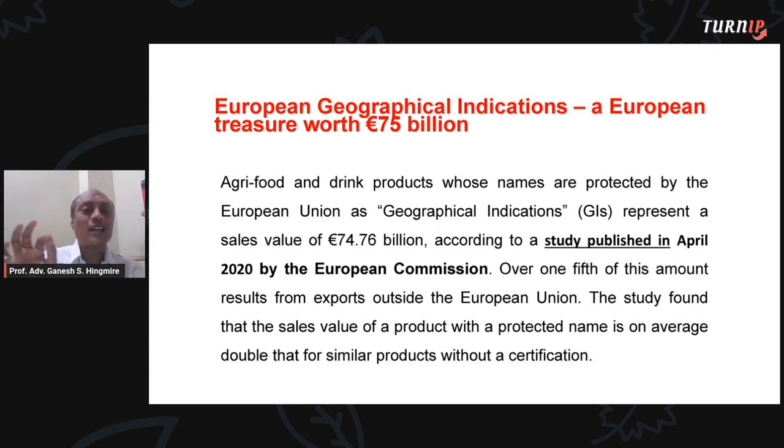And there you can see n number of examples. Some of you might have heard about Switzerland cheese. You will find more than 65% of the cheese from Switzerland which received the geographical indication is exported. So you can imagine how it works. Then there are also examples from the global scenario.